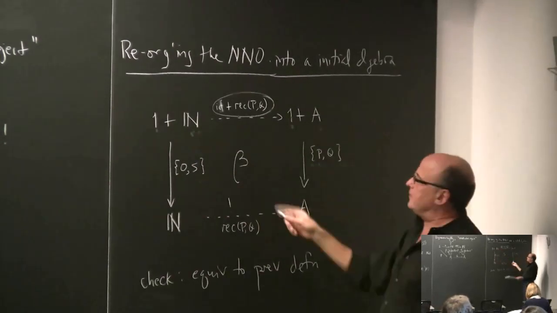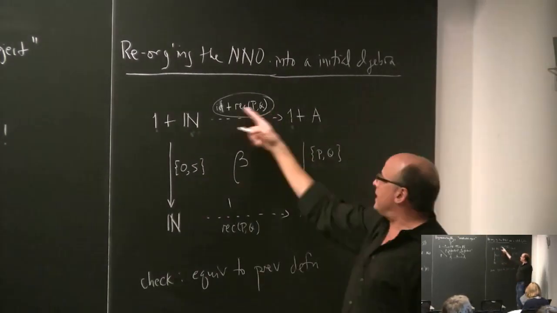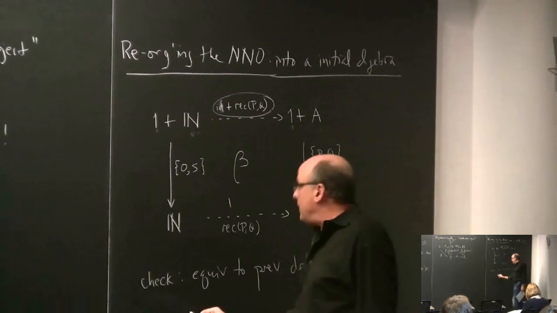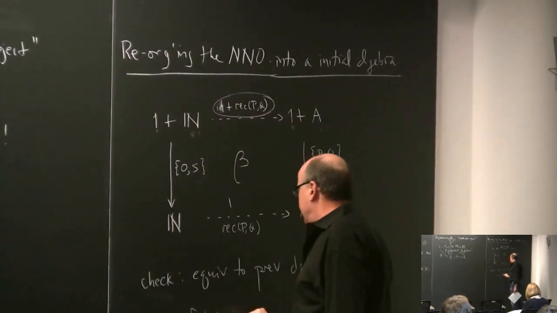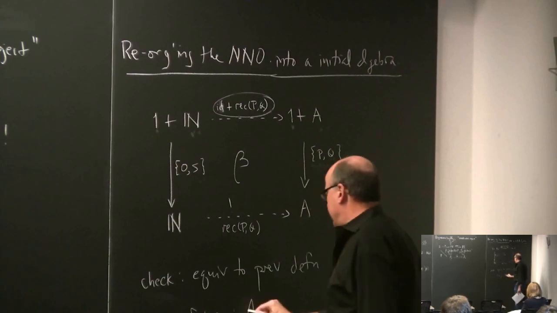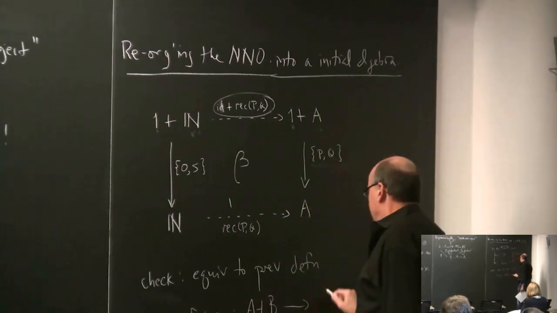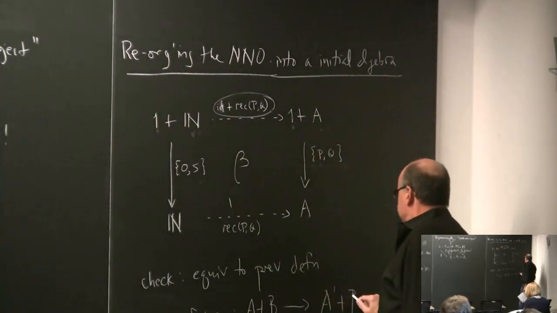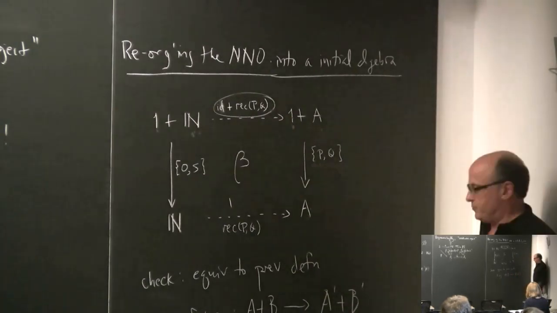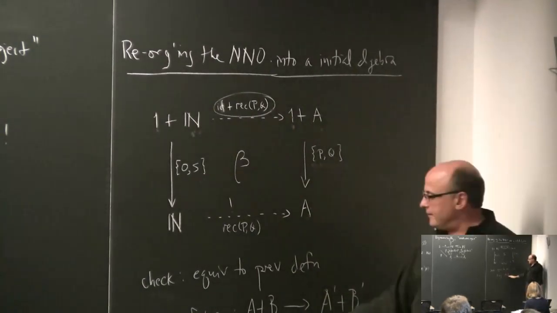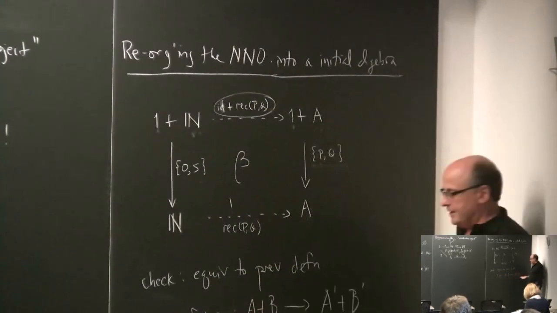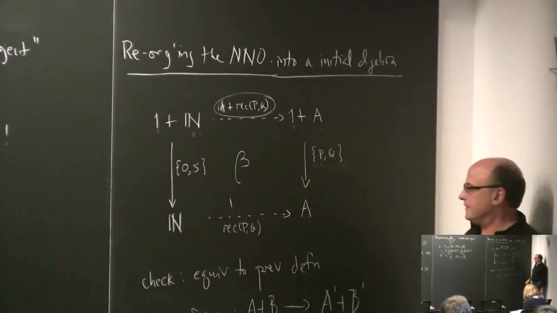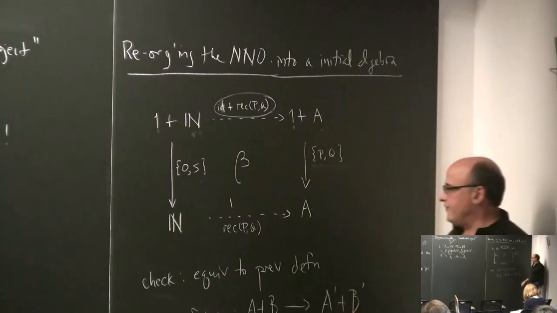You can just check by doing some calculation, and I have to define what I mean by f plus g, going from, in general, a plus b to a prime plus b prime. Part of it is to write down what that must mean. It means case analyze on this, do f on a and stick it in the left part, do g on b and stick it in the right part. So you can write that down. Okay, so define that.